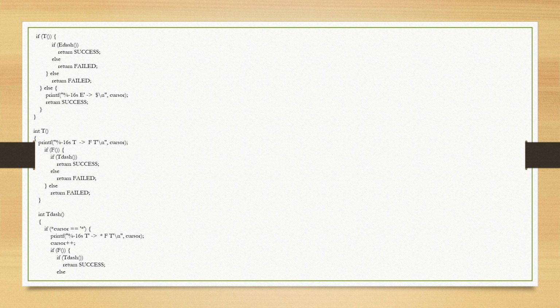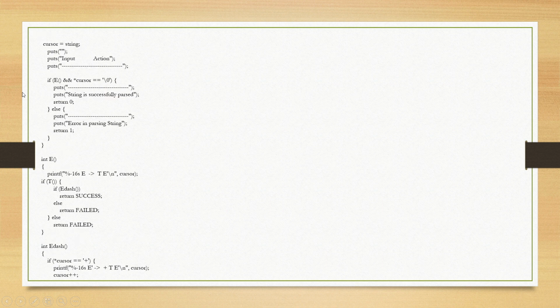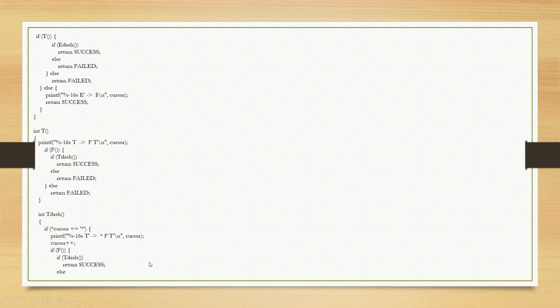Next, if E dash is equal, if the T condition is equal to this printf statement, it will return success, else it returns a failed value.